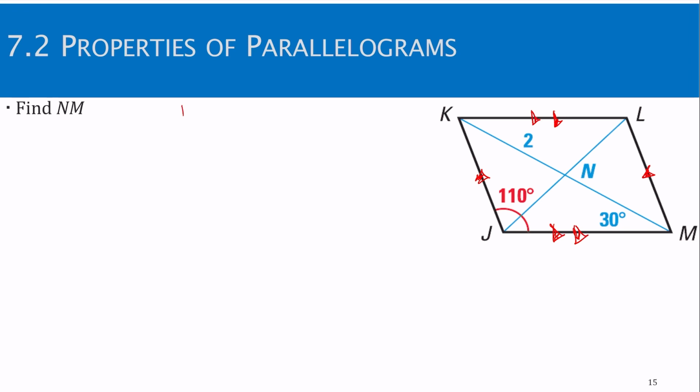So our theorem for diagonals of parallelograms is that diagonals of parallelograms bisect each other, which means that is congruent to that, which means MN is 2.